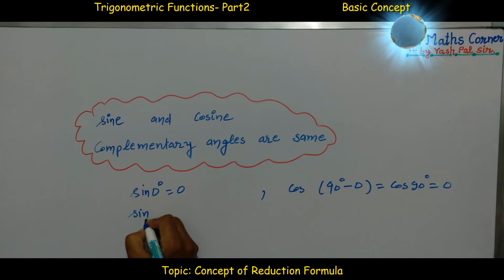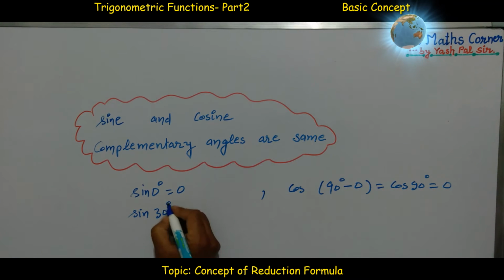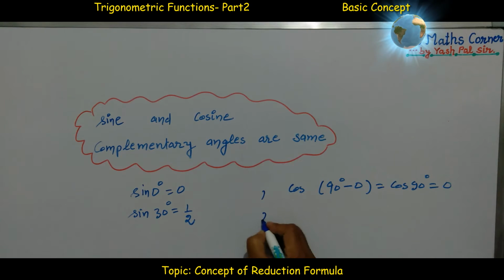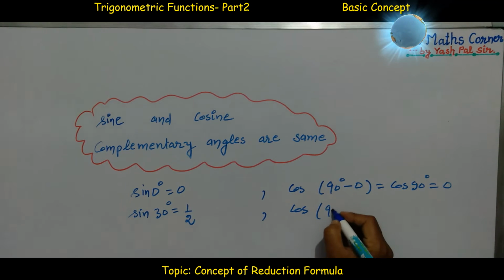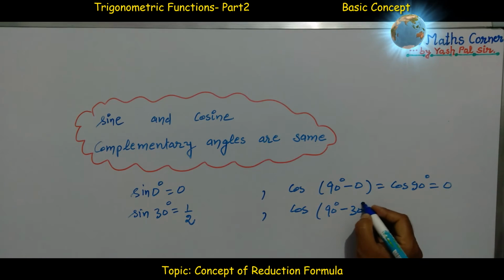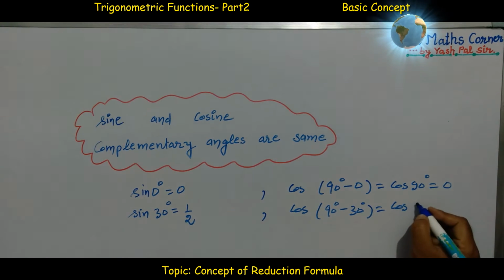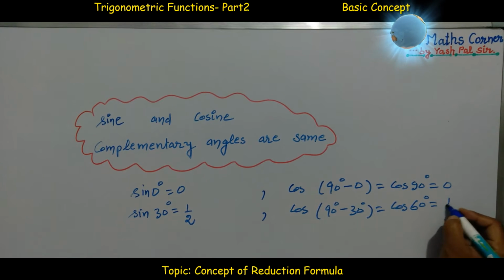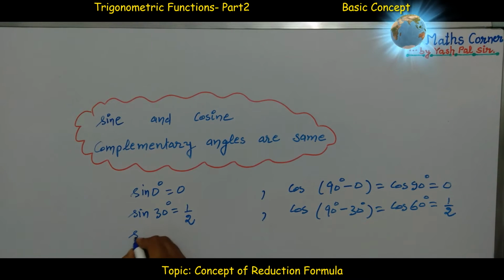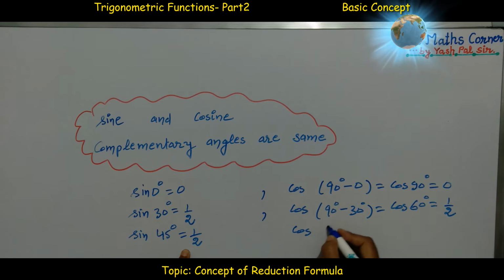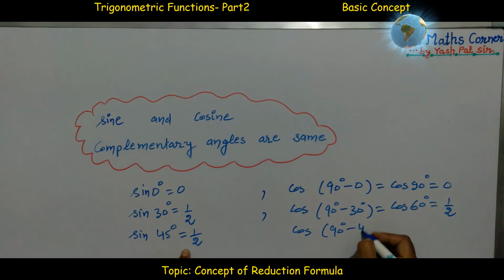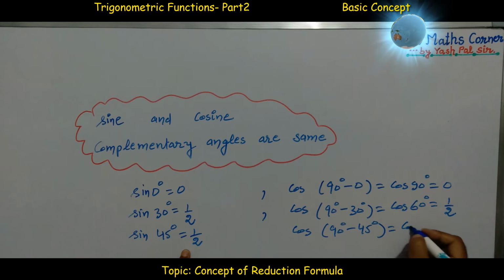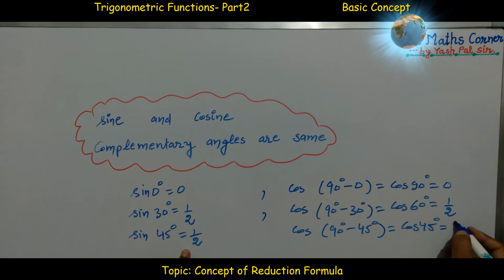Next, sine 30 degree is equal to 1 upon 2. So cos of 90 degree minus 30 degree, which is cos 60 degree, is also 1 upon 2. Next, sine 45 degree is 1 by square root 2, and its complementary angle, that is cos of 90 degree minus 45 degree, is cos 45 degree, which is also 1 by square root 2.